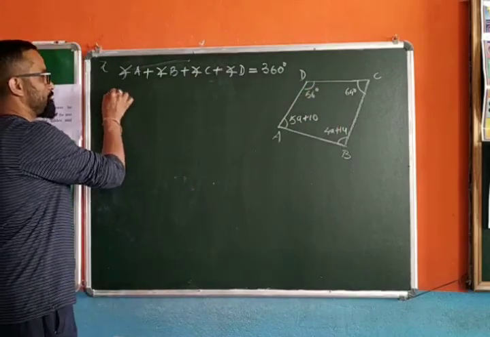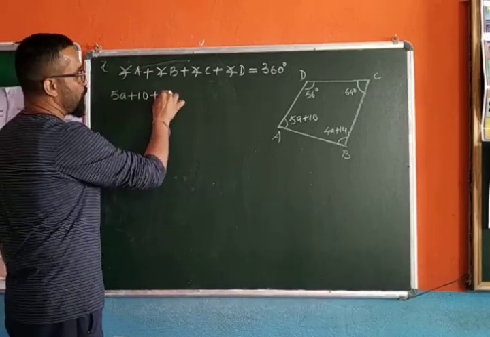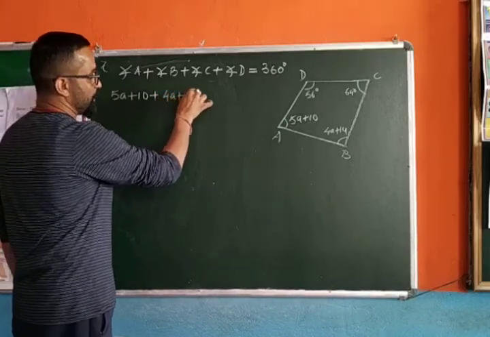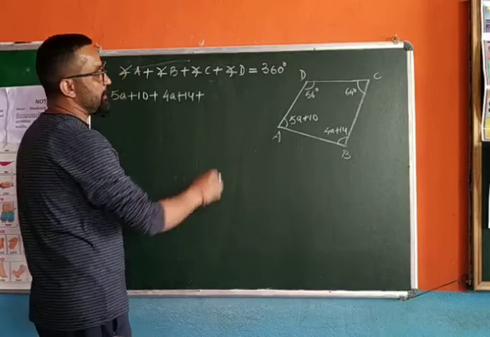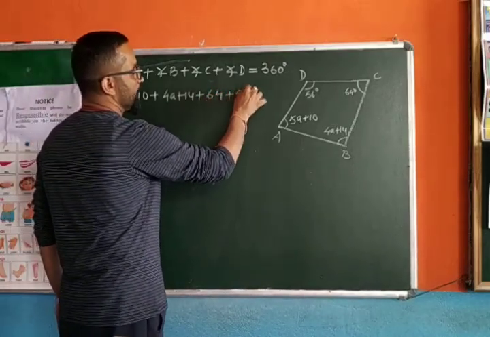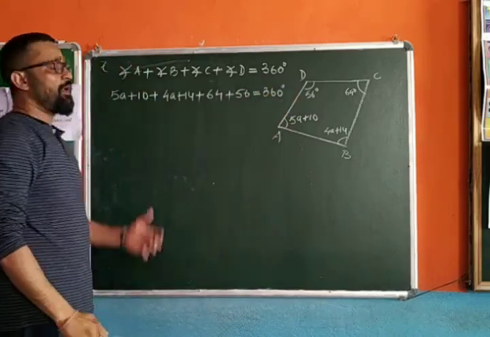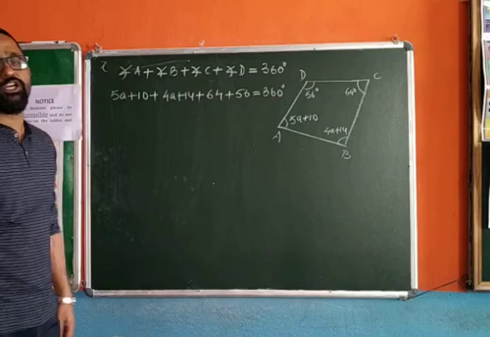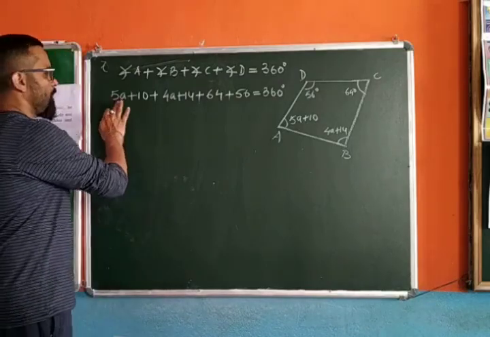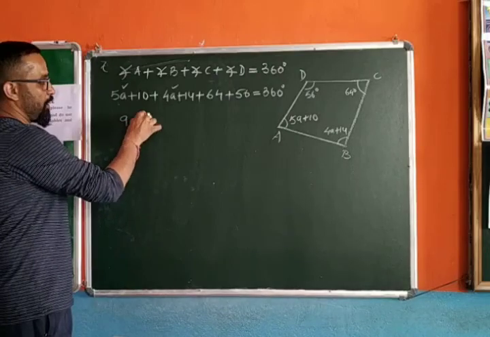A is 5A plus 10, B is 4A plus 14, angle C is 64 and angle D is 56, equal to 360 degrees. Simplify this linear equation. The variables we add up, you get 9A plus.